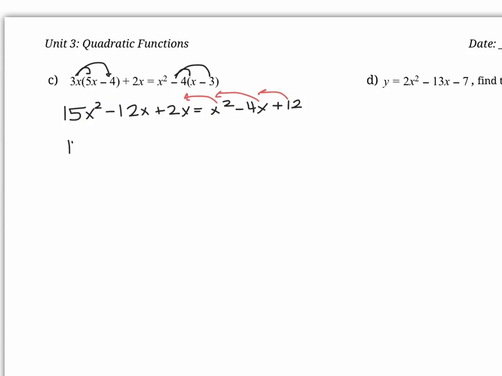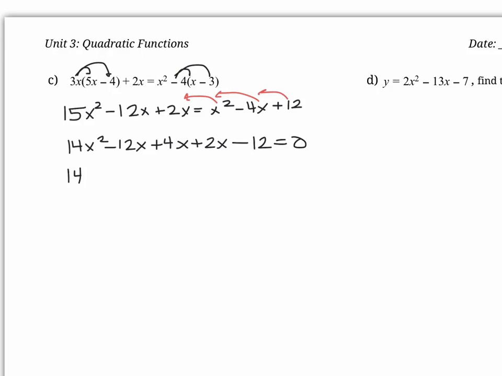So I'm going to have 14x squared. And then I have negative 12x. I'm going to bring this negative 4x over, and it's going to be positive 4x. You know what, this one I'll write out so you can see it all. We have positive 4x, and then we still have a plus 2x, which is right here. And then we're bringing that positive 12 over, it's going to become negative 12.